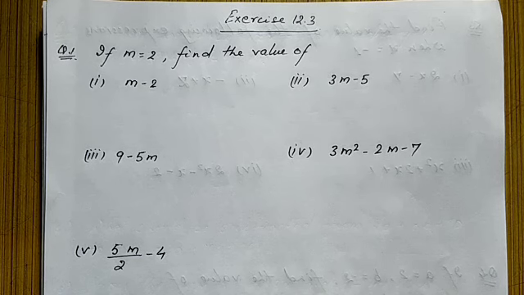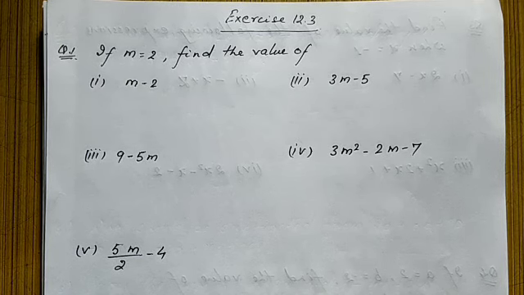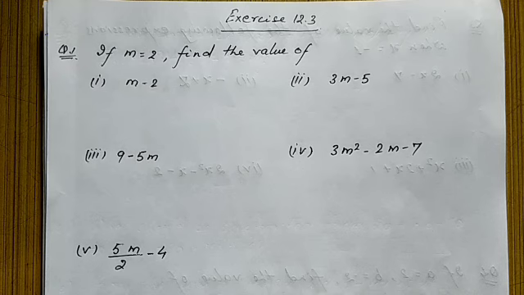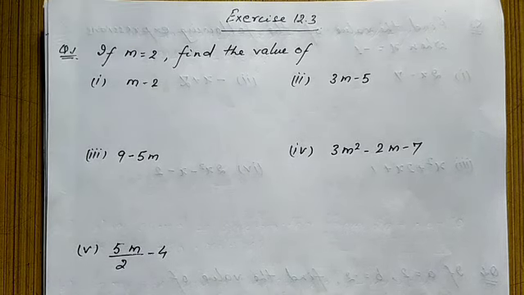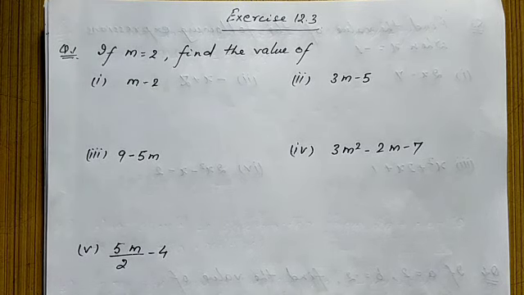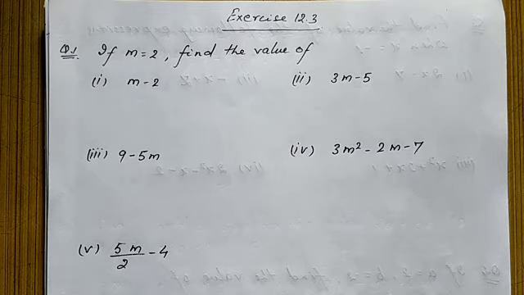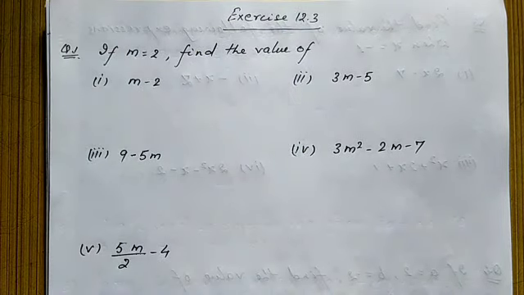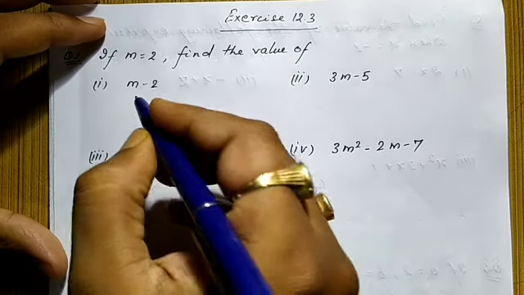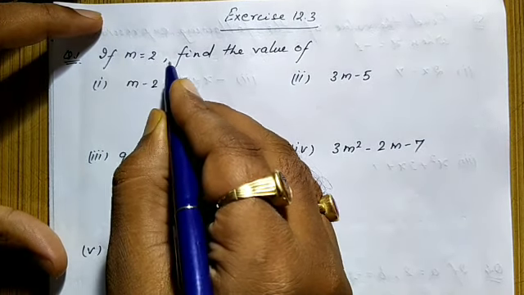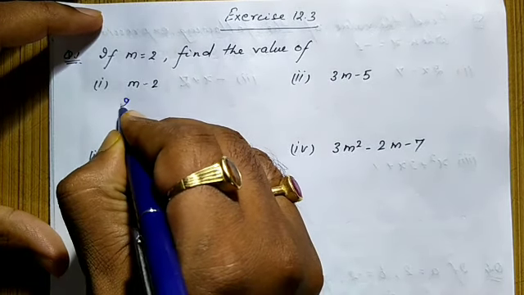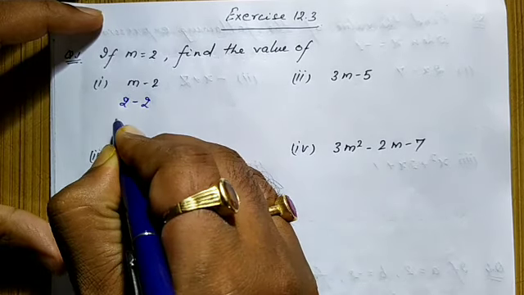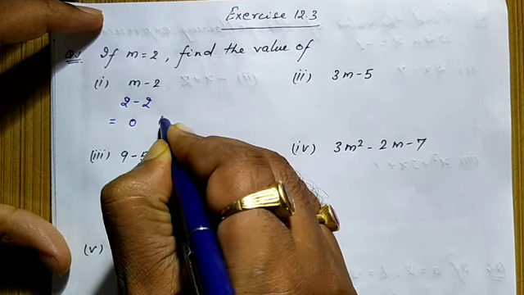Okay, now first one: if m is equal to 2, find the value of m minus 2. Only you have to substitute the value of m in these expressions. See first one, m is equal to 2 means 2 minus 2, this will become 0.